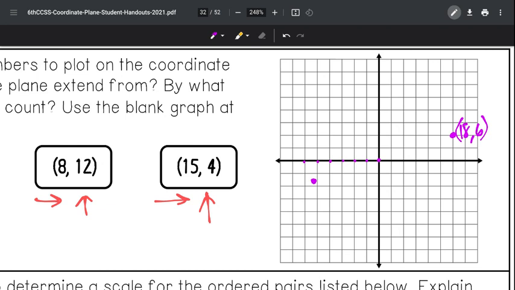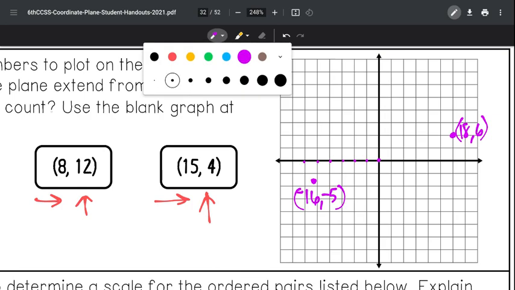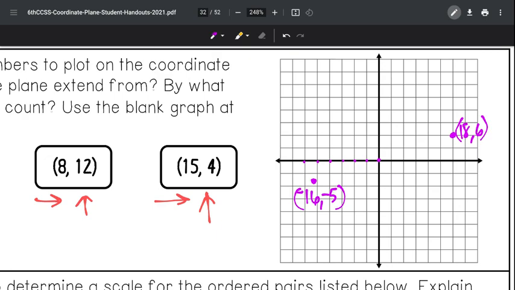I would say my best guess is somewhere around right there. -16, -5. 8, 12. 3, 6, 9. Okay. So 8's probably around right there. And we're going to go up 3, 6, 9, 12. I'm going to say right around there. We should have 8, 12.